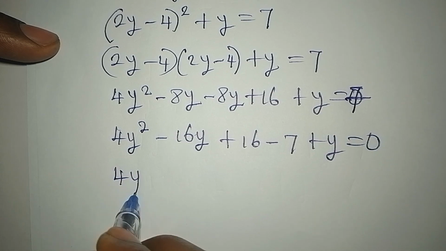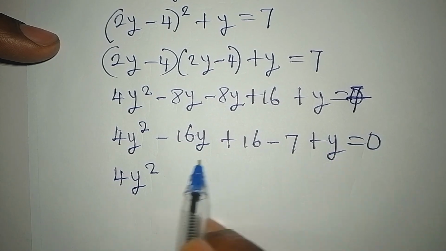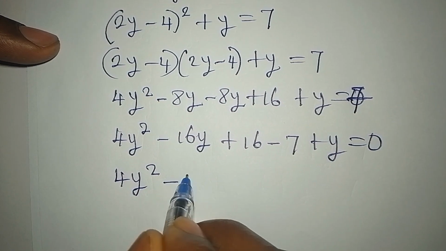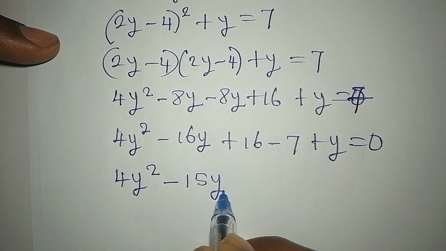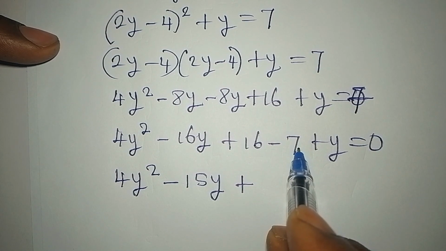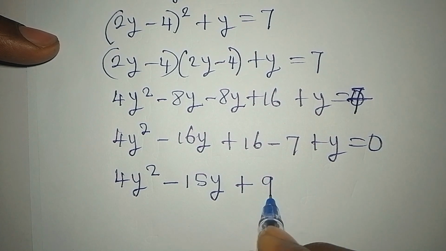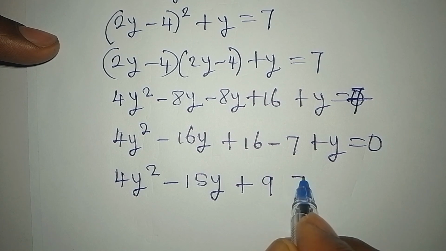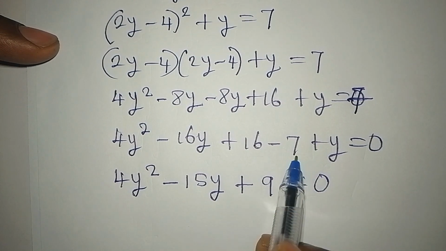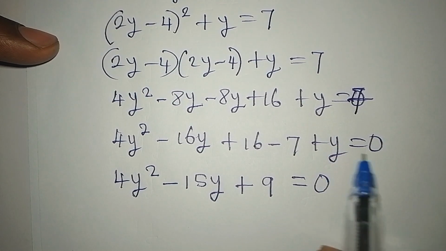Now 4y squared, remember that minus 16y plus y will give us minus 15y. Then we have plus 16 minus 7, which will give us 9. Then this is equal to 0 because I've already made use of the 7 and the y.